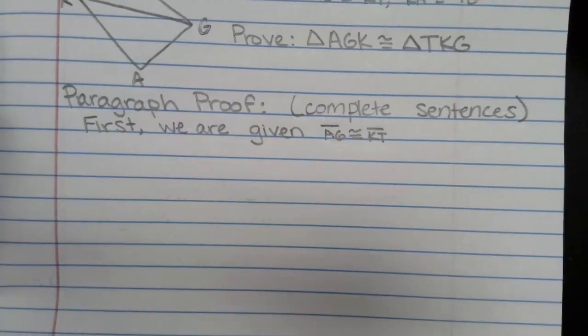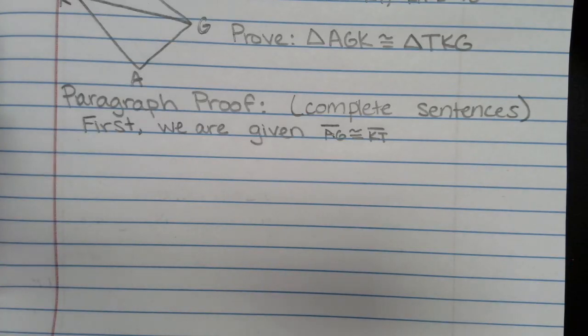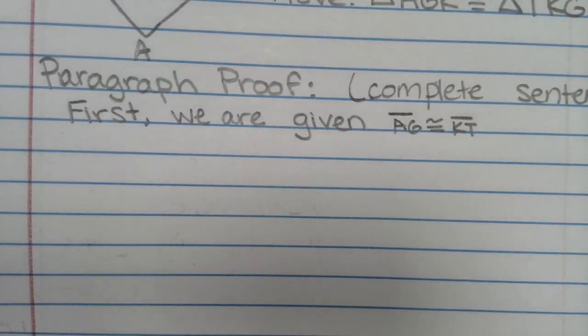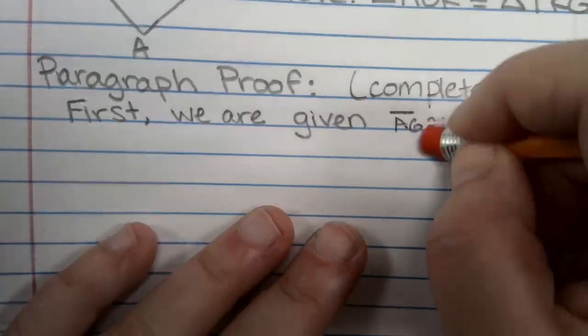Even though we're writing in words, we can still use our math, our common math language, like the congruent sign and those segment signs. So first we are given that AG is congruent to KT.